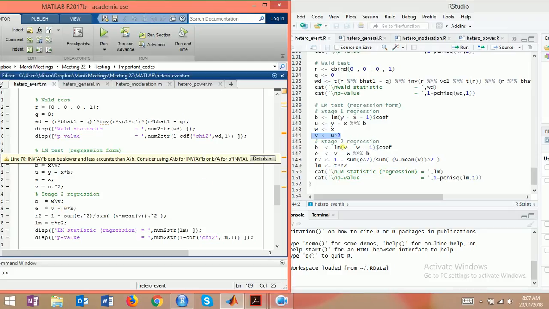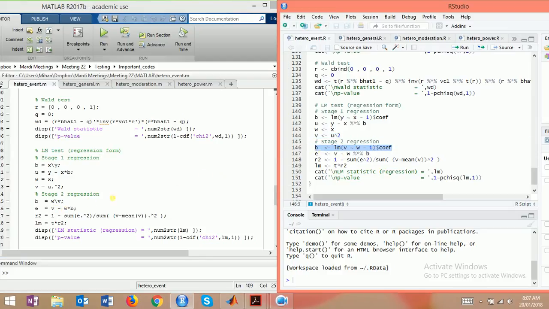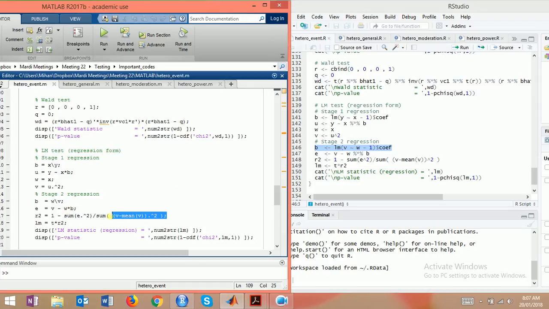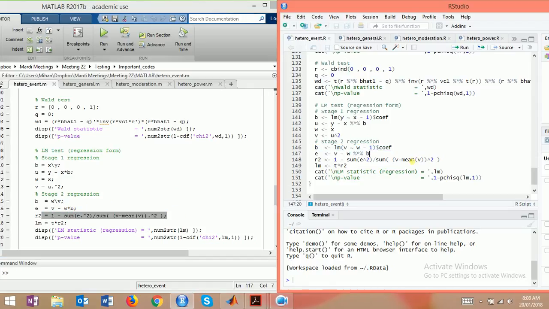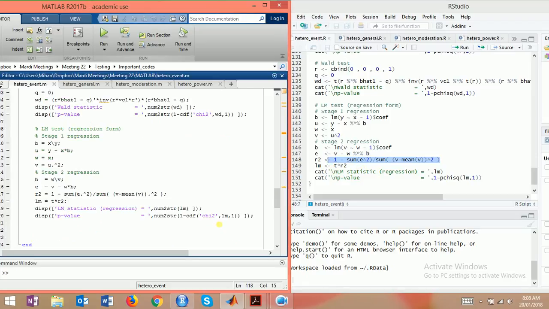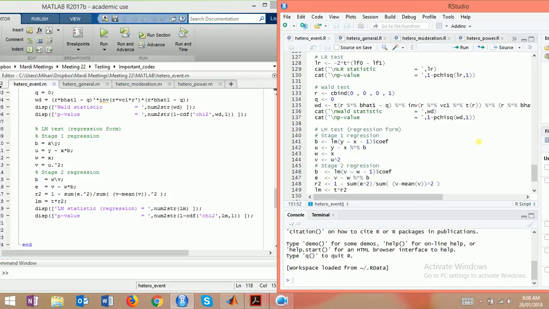Then regress v on w, and you have e square divided by v minus mean of v square, chi square. So the p-value is chi-square with 1 degree of freedom.